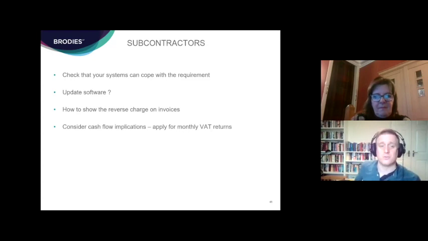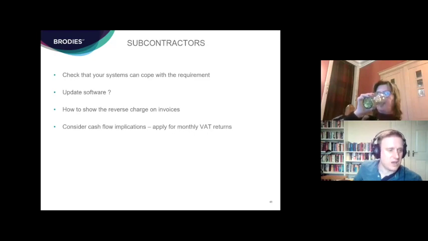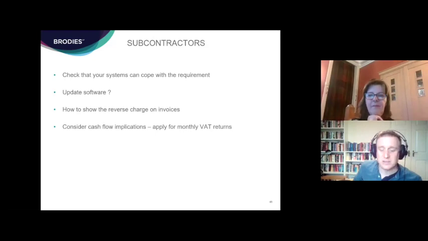The most important thing for a contractor is, I think, really going to be your cash flow implications, because lots of smaller subcontractors effectively use the VAT that they collect from their clients as working capital, and therefore depriving themselves of that amount of working capital could have serious implications, particularly if that subcontractor is contracting with a trade supplier rather than a further subcontractor.